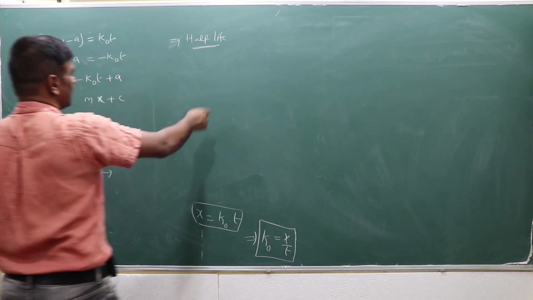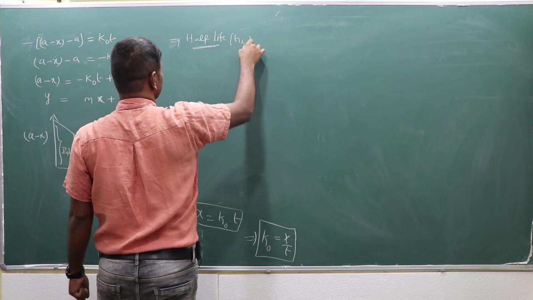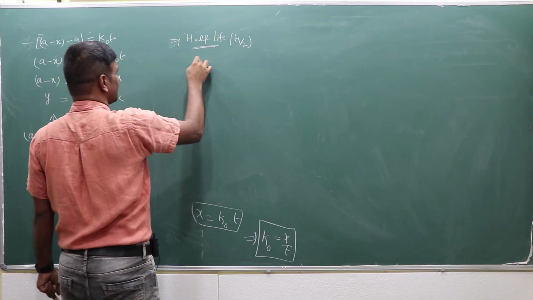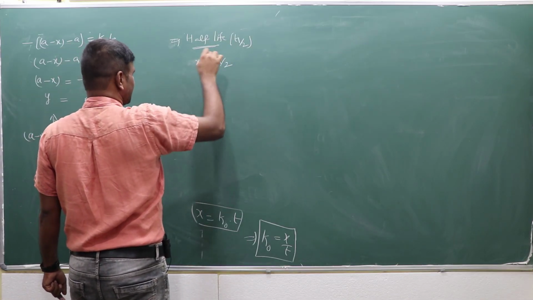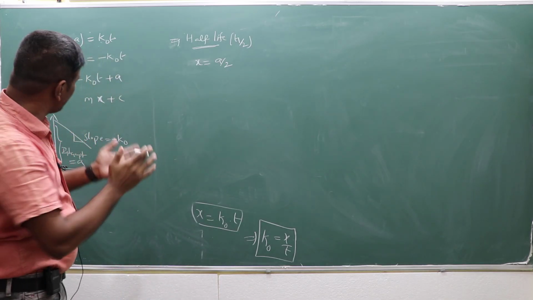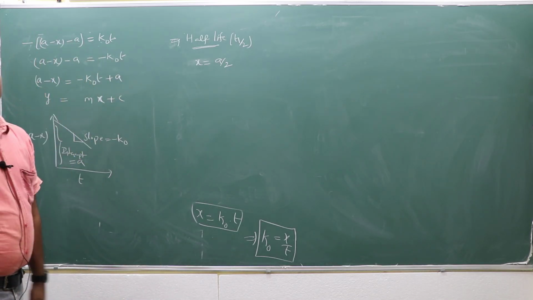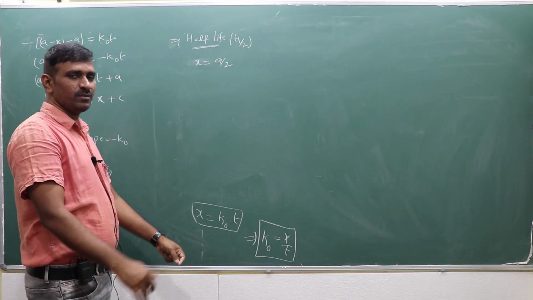So what is T half, half-life? Half-life means the concentration of the reactant molecule, when x is equal to A by 2, half takes place. A is going to be A by 2. That means product formation is like that. X is equal to A by 2.